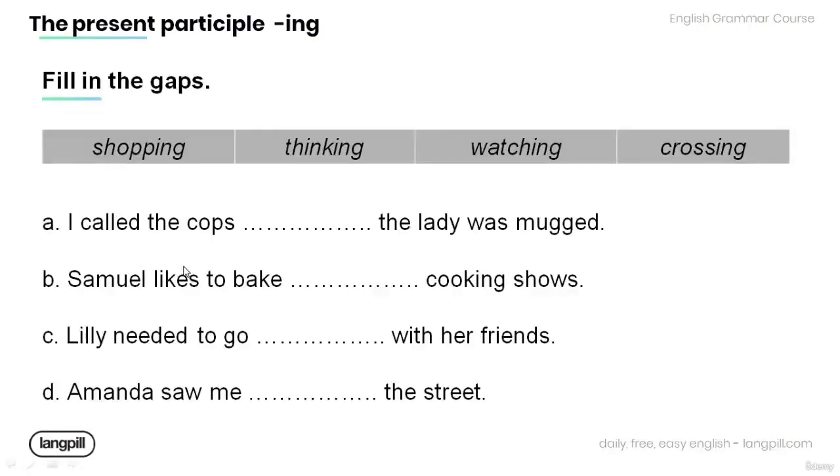And now it's time for you to practice on your own. Read the following sentences and fill in the gaps with shopping, thinking, watching, or crossing. A. I called the cops to think the lady was mugged.